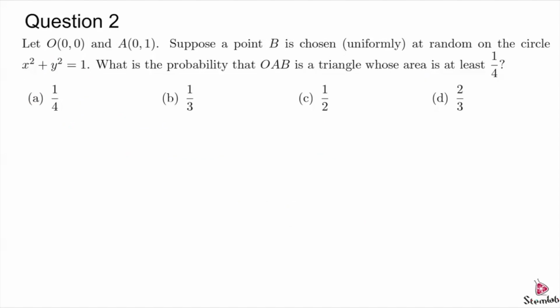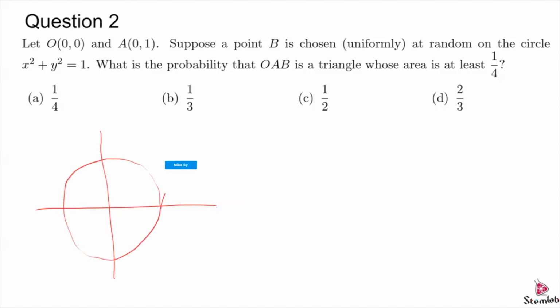Okay. So we know that x squared plus y squared equals 1 is basically a unit circle that has a center at (0,0). So we can draw a unit circle like this, right? And we know that point O is at the origin, and point A is at x equals 0, y equals 1. So point A is here.